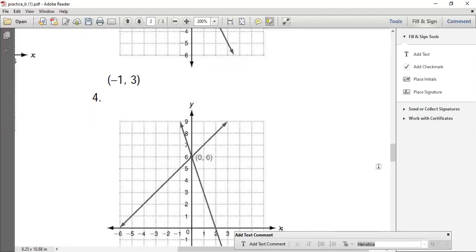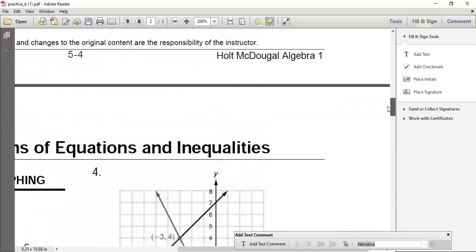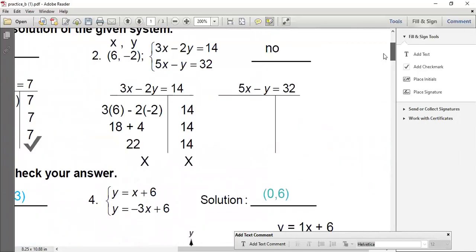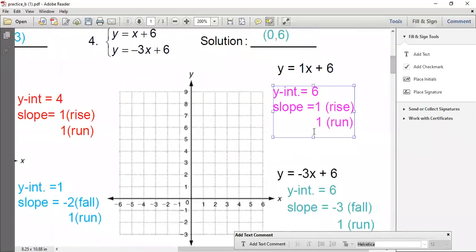Similarly, if you get 3 or 4 points like that, you will join the line. You will get a point where both of them are intersecting, which means the solution for these equations is going to be 0 and 6. So the solution is 0 and 6. So that was your homework.